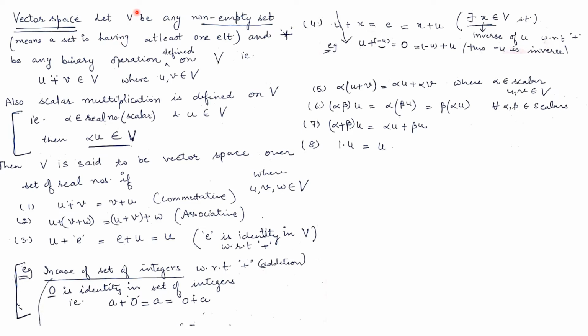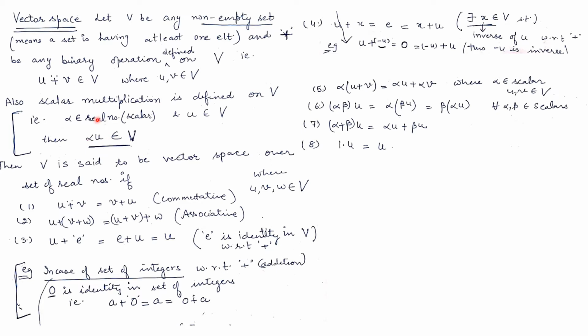So we are given any set V, we are given a binary operation, and we are given a scalar multiplication. Now, when will we say this set under these operations is a vector space? If this V satisfies these 8 properties, 8 axioms, then we will say this V is a vector space under this binary operation and this scalar multiplication.